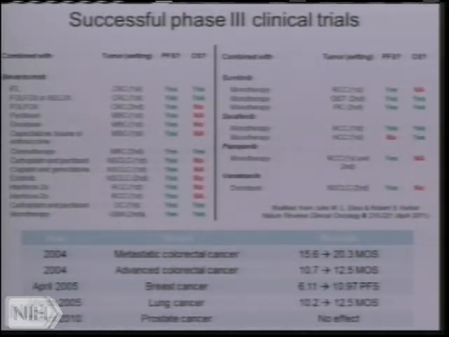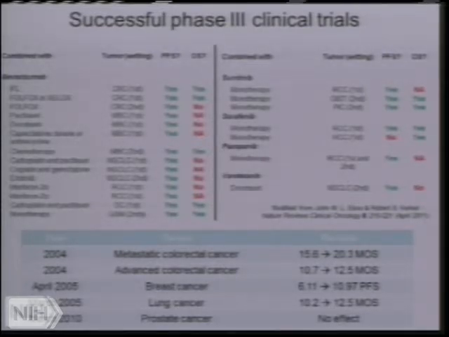The other issue that is worth mentioning here is that the benefit achieved with Avastin or bevacizumab so far is often measured in weeks or in months, 2 months, 3 months for the patient. So it is a success. Avastin, as I said, was the first FDA-approved anti-angiogenic therapeutic, and it did demonstrate in the clinic that it is effective and that it can cure patients.